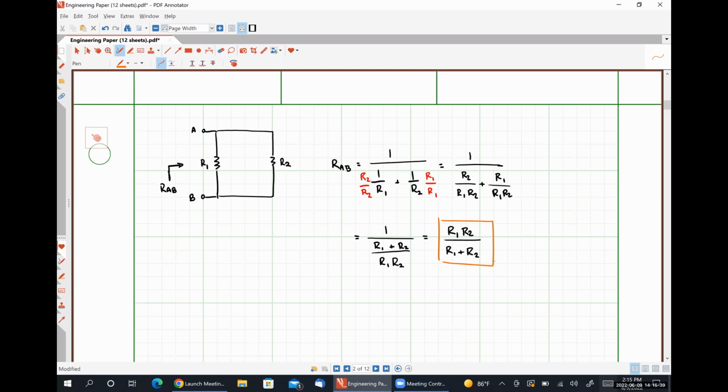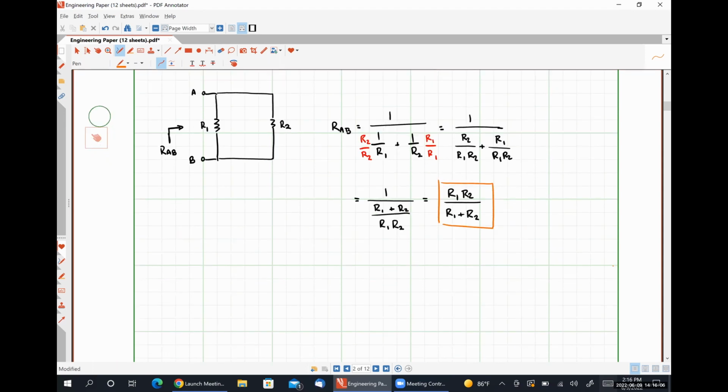I want to point out very specifically, though, that it only works for exactly two resistors. We can force it to work for three resistances by combining two resistors in parallel and then combining that equivalent resistance in parallel with the third resistor.